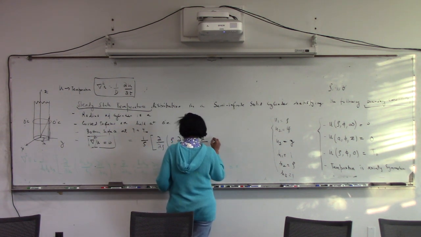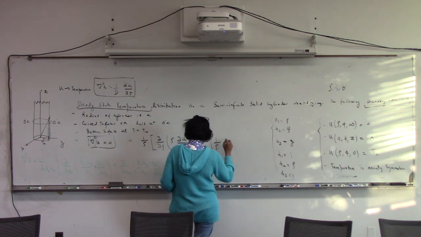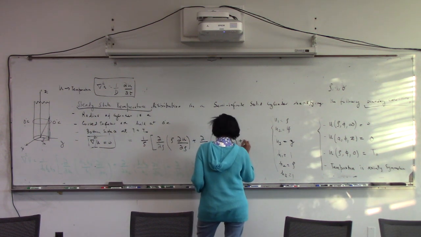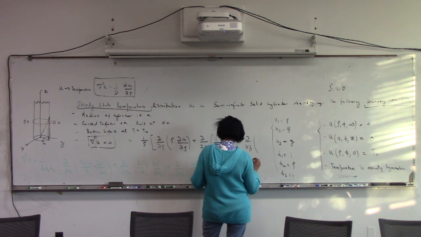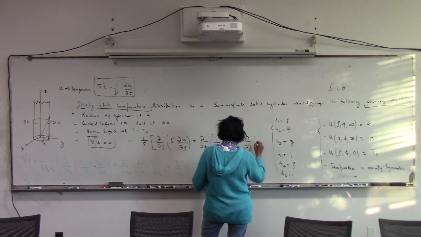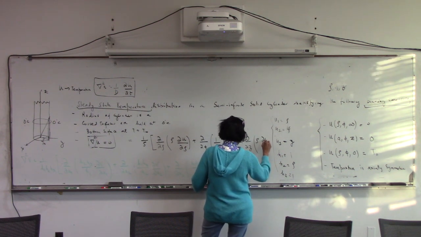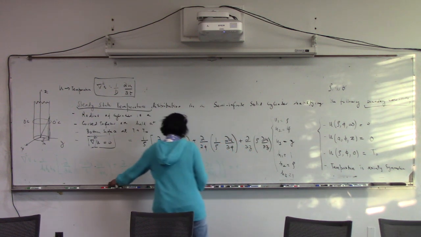H1 is 1, so rho is in the denominator, partial u with respect to phi, plus partial with respect to z of h1, h2, h3. So rho is in the numerator this time. Partial of u with respect to z is equal to 0.